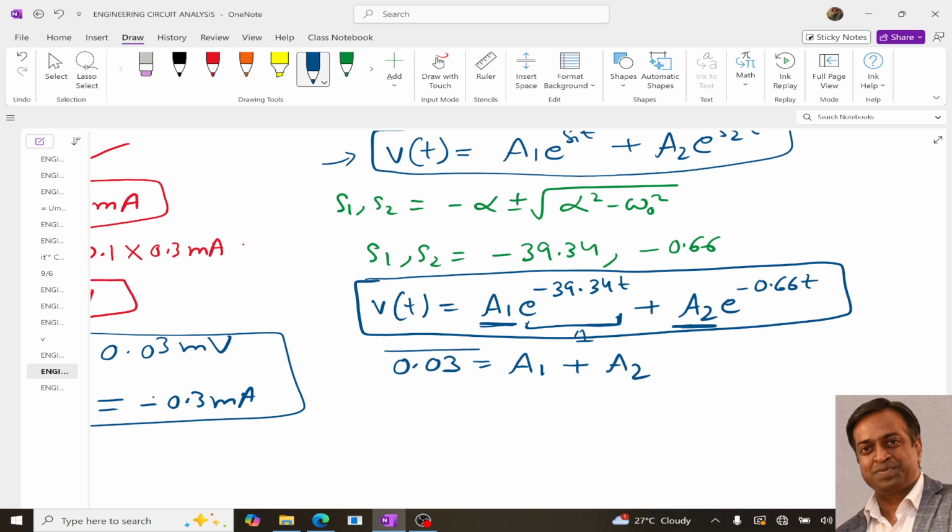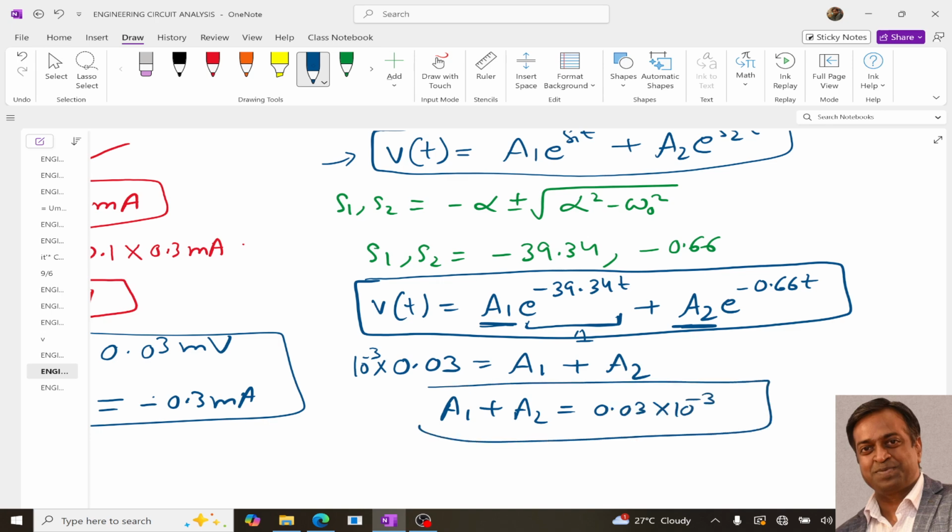So this is our first equation, right? And remember, over here this is milliampere, so we will write 10 power minus 3, we will add this also. So we can write it as A1 plus A2 is equal to 0.03 into 10 power minus 3.